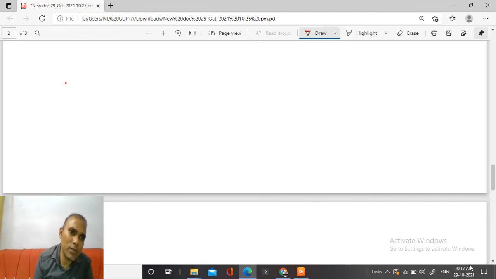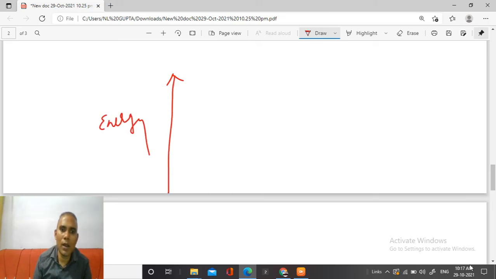Suppose H, H is there. Wait, I am writing, because it will go here. Suppose I am having this with the energy graph. This is the energy. Energy is going up, students, not going down. This is the energy graph we are writing, and the energy is increasing upward.